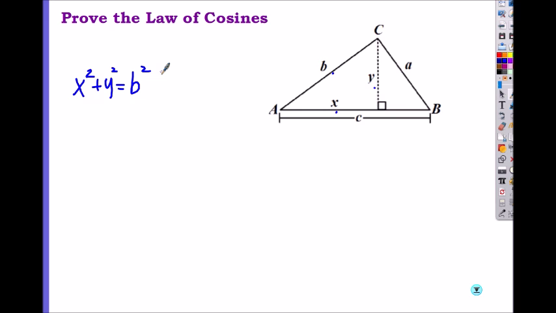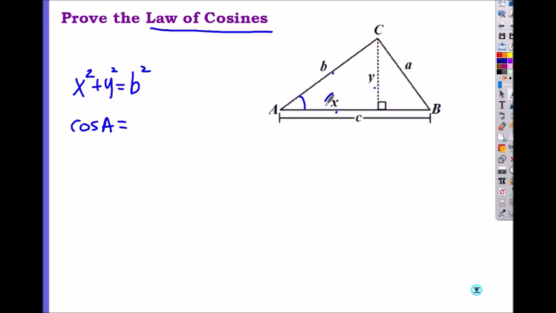What else? It's a law of cosine, so I'm going to go ahead and use the cosine ratio of A. What is cosine of A equal to? It is adjacent over hypotenuse, right?